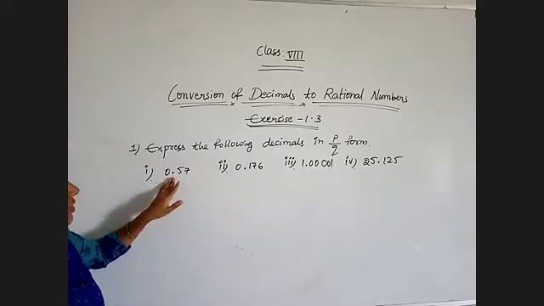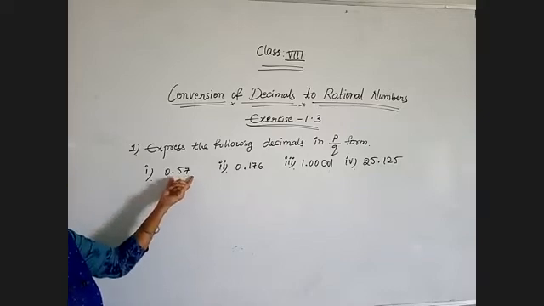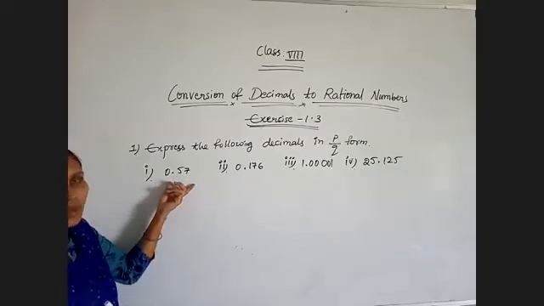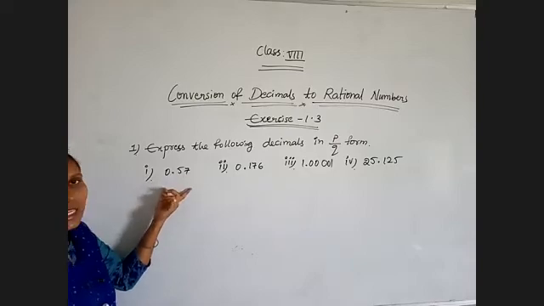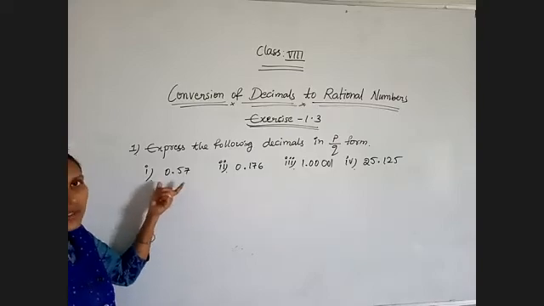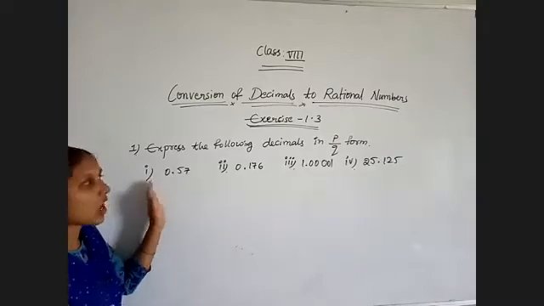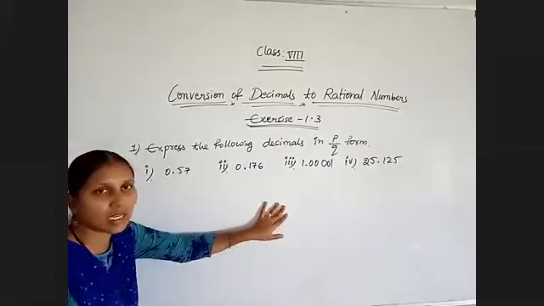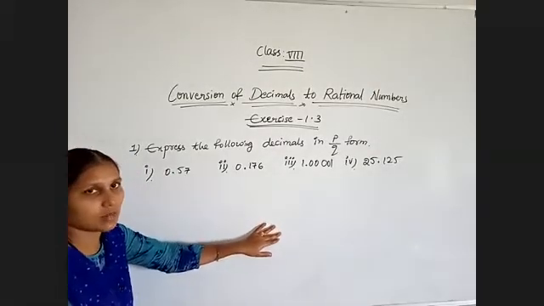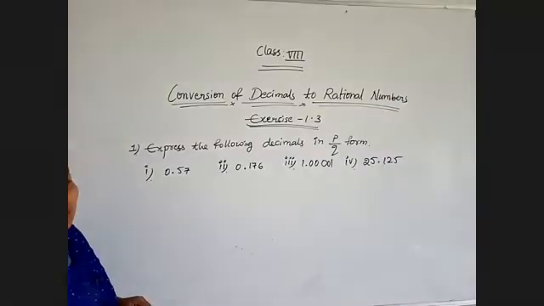So here, after the point, we are able to count how many decimal digits there are. That means it is terminated. So that's why this is called a terminating decimal. All the given questions are terminating decimals. So how can we convert a terminating decimal?